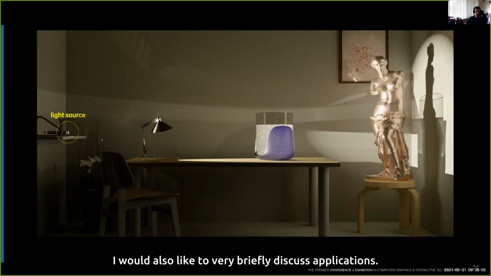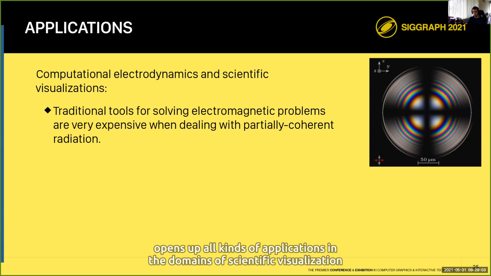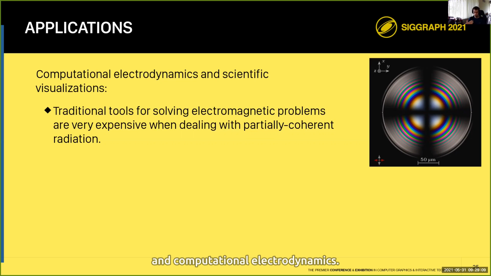I would also like to very briefly discuss applications. Beyond photorealistic rendering, a light transport framework that is consistent with electromagnetism opens up all kinds of applications in the domains of scientific visualization and computational electrodynamics. Traditional wave solvers are known to be notoriously slow, and especially so when dealing with partially coherent light.